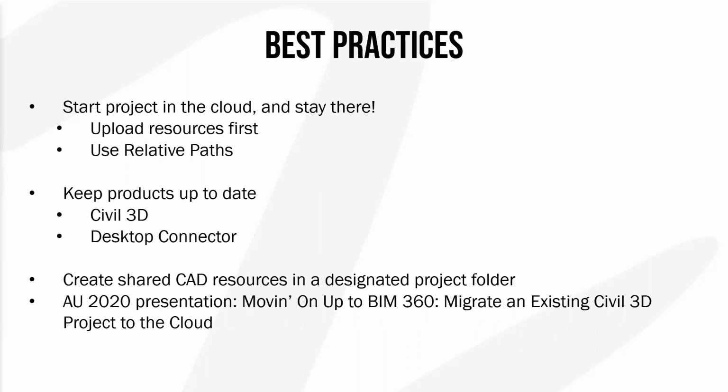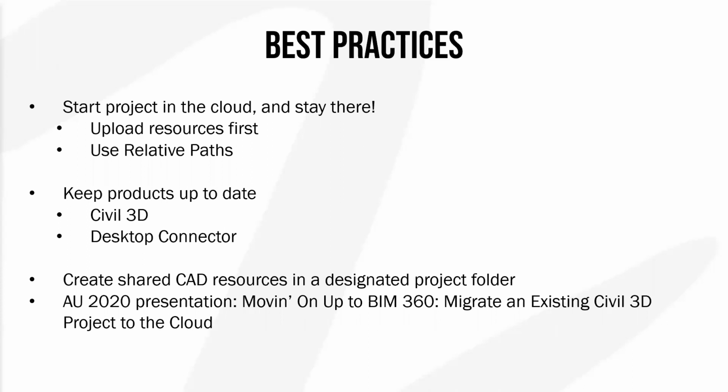Make sure you create shared CAD resources in the designated project folder first. Just like uploading resources, create all those standards first before you go ahead and upload your file. And there's a really good AU 2020 presentation called Moving On Up to BIM 360, Migrate an Existing Civil 3D Project to the Cloud.